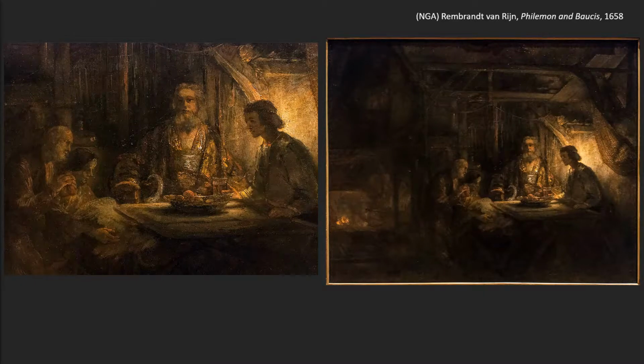And so we see the moment of revelation. That's what the light is meant to symbolize, the divine light, right? Philemon and Baucis are just recognizing that their guests are not who they thought they were. But they were kind to them regardless, right? They were kind to them out of the kindness of their heart, not because they were gods, right?